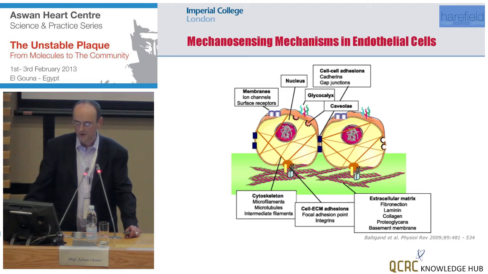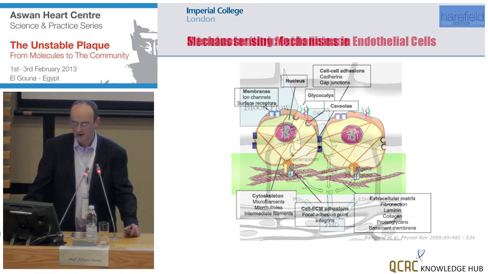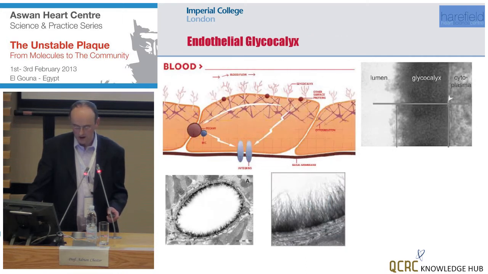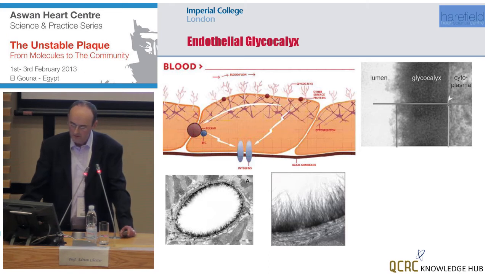And really I want to concentrate mainly on the glycocalyx. So the glycocalyx is essentially, if you like, almost a forest of proteoglycan-like molecules that stick out on the surface of endothelial cells into the blood.